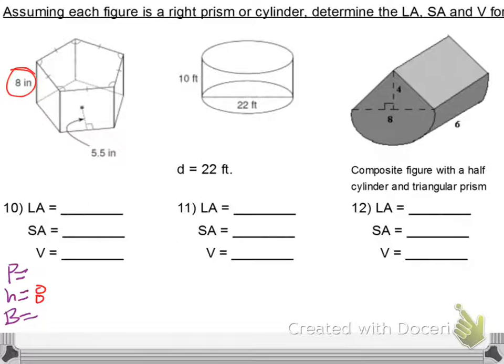Okay, so I am going to draw another, this is really bad drawing, sorry. And I'm going to draw in that apothem that they're giving me. They're saying that that is 5.5. Unfortunately, there is no special triangle inside.